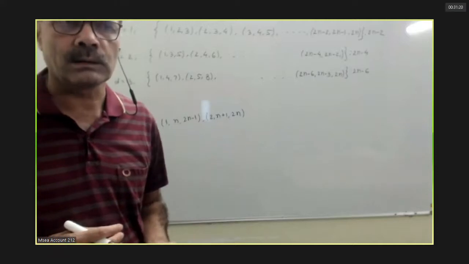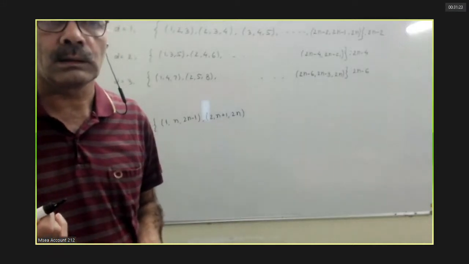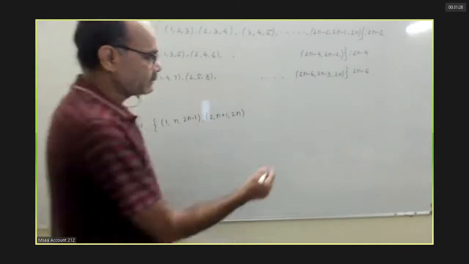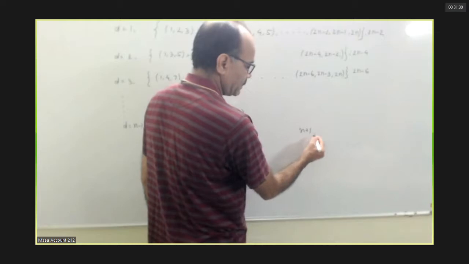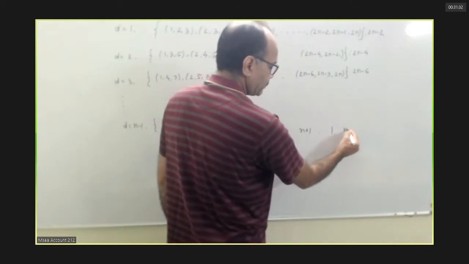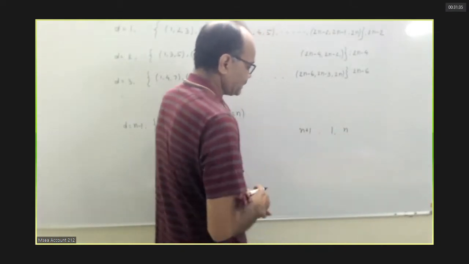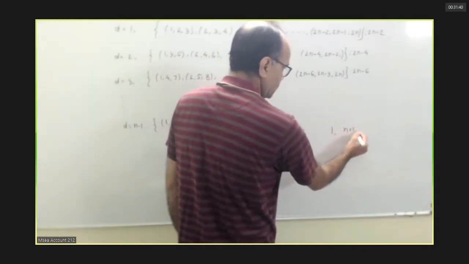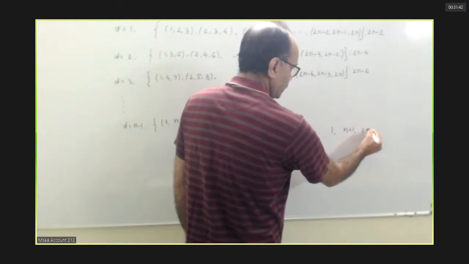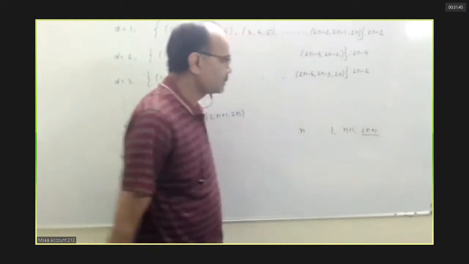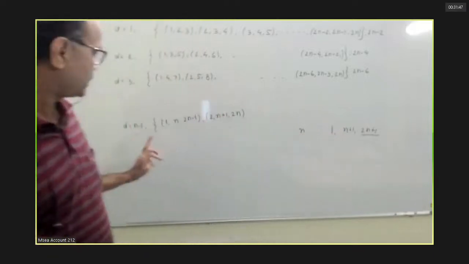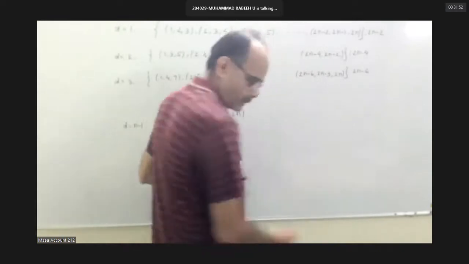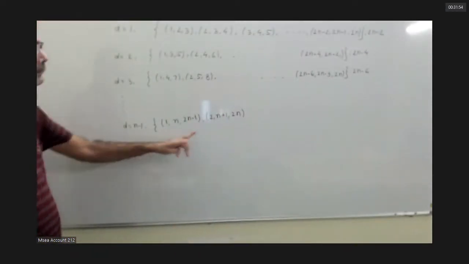If the first selection is 1, the second will be n plus 1, and the next is 2n plus 1, which is not there. So at the most, common difference can be n minus 1. So here 2 ways.